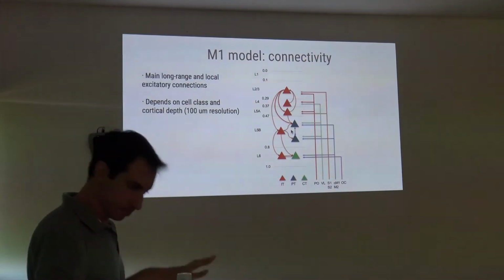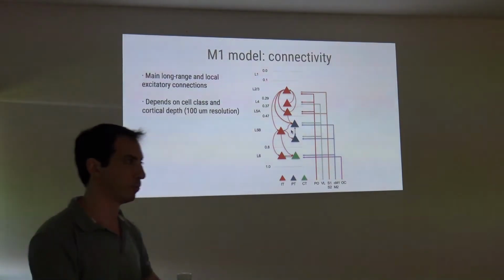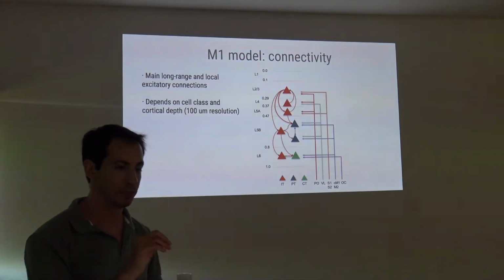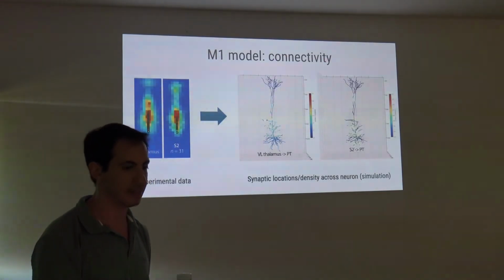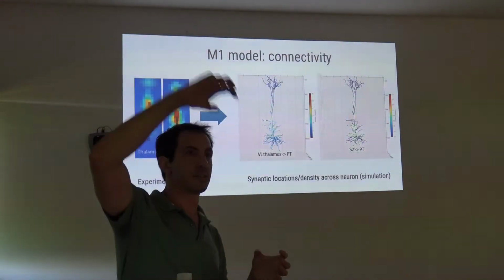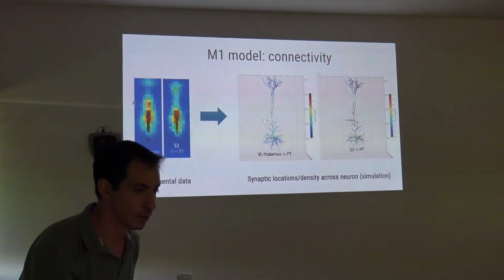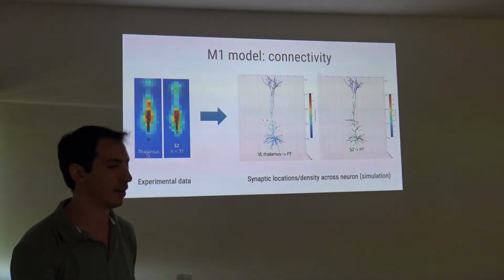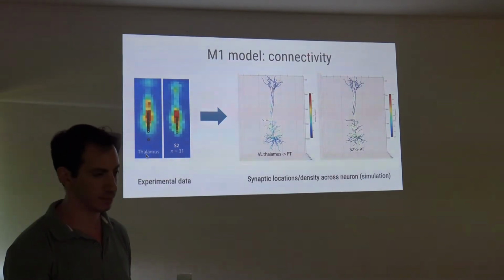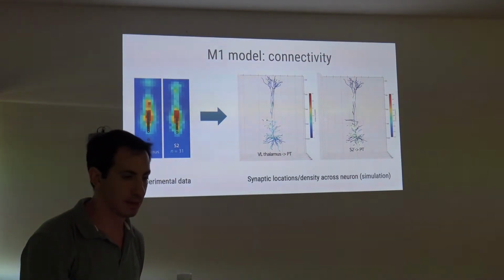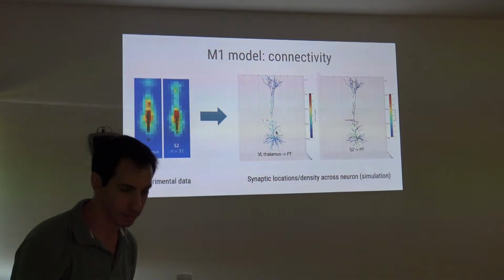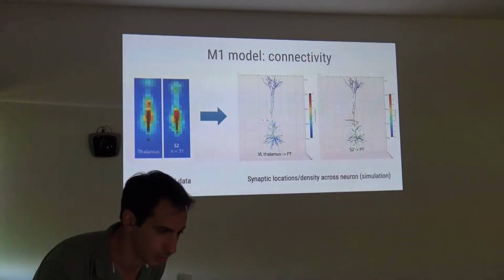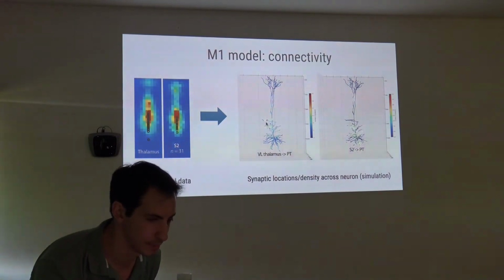Okay, so yeah, just remember this is a summary of the connections, but in reality the connectivity depends on the exact cortical depth of the cell. And this is an example of this distribution of synapses that I was talking about. So we have here two different maps. These are inputs from thalamus to PT cells. And these are a representation of how the final density of synapses looks in the actual model. So you see the brighter colors show a higher number of synapses.